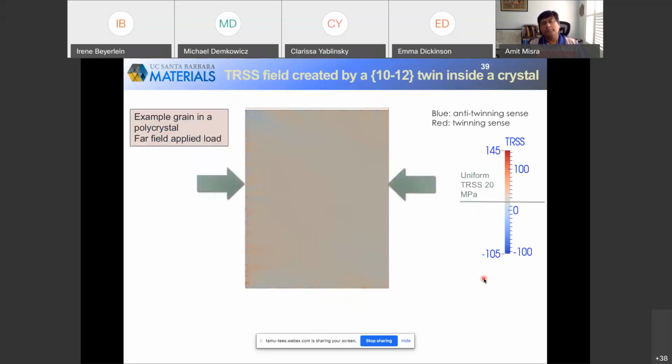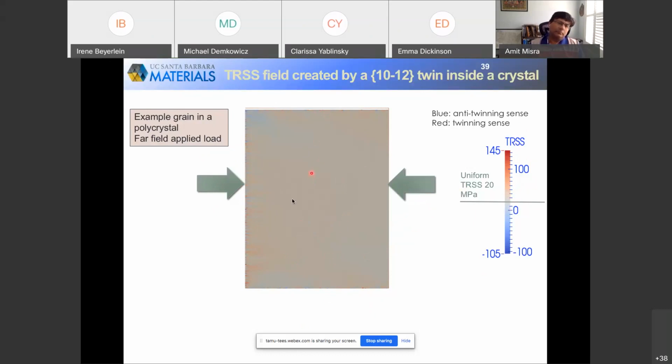So here's a calculation. What we're showing is this crystal within an effective medium polycrystal. We have an applied far field load. And under this load, we're coloring the twin resolved shear stress. On this scale, it's about 20 megapascals.